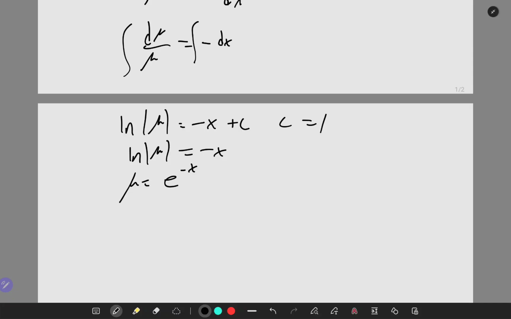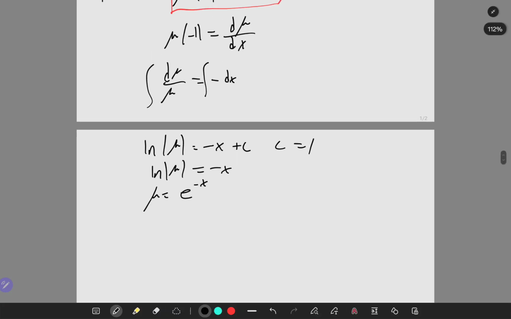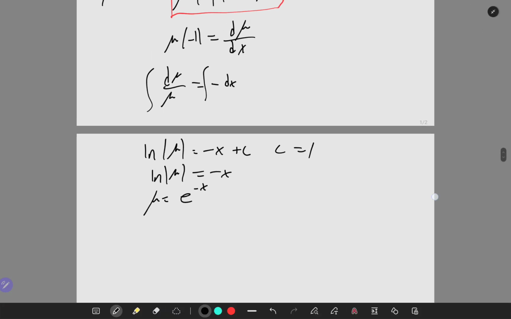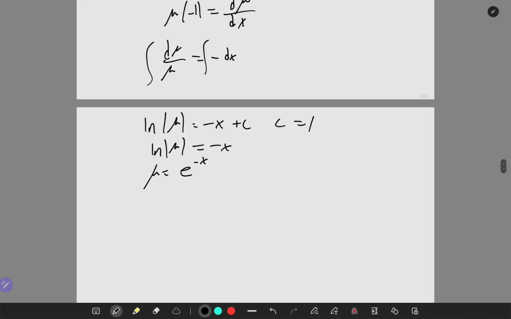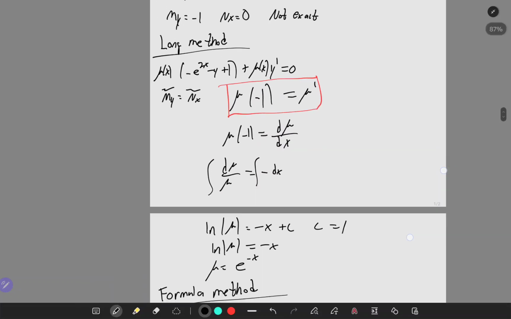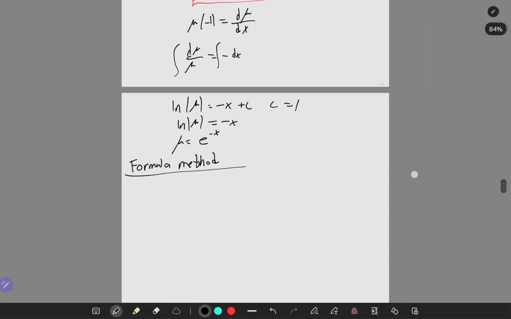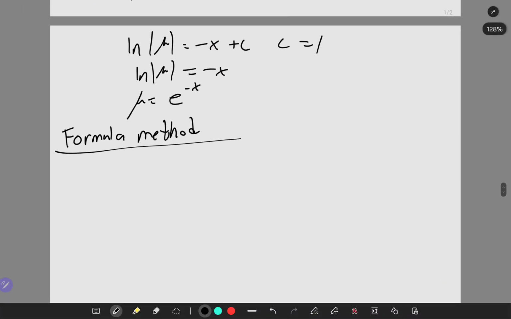But now, let's remember our formulas. So now let's do the formula method. Let me write down the two formulas, see if I remember them. Let's see if I have these written down somewhere here. Oh, I do, okay.